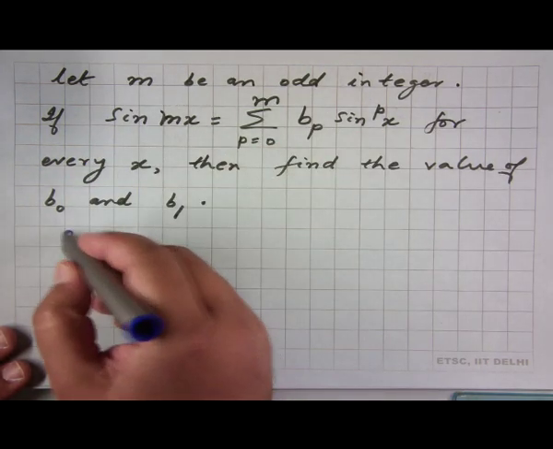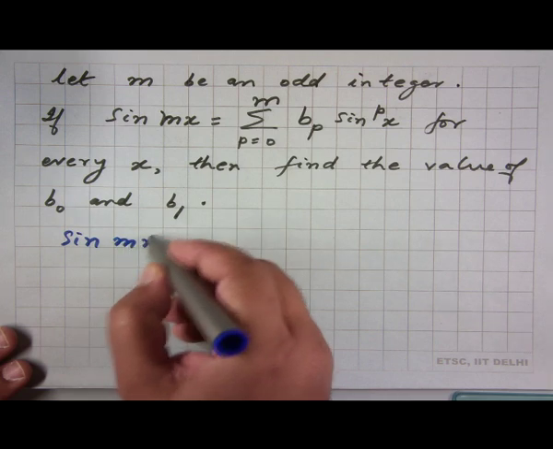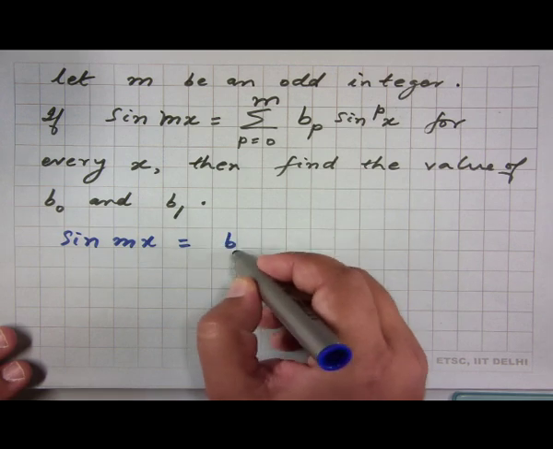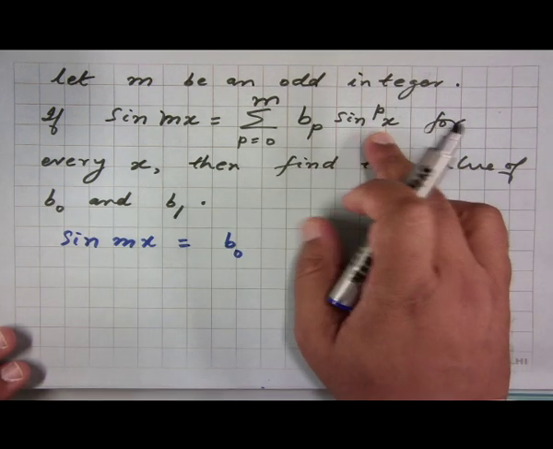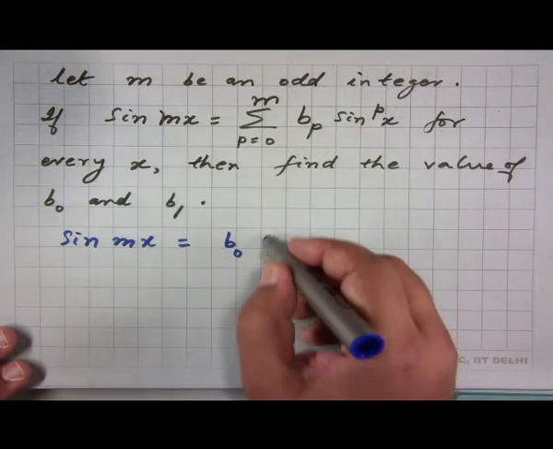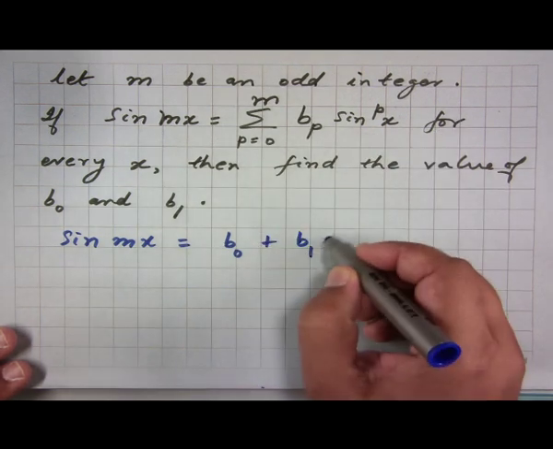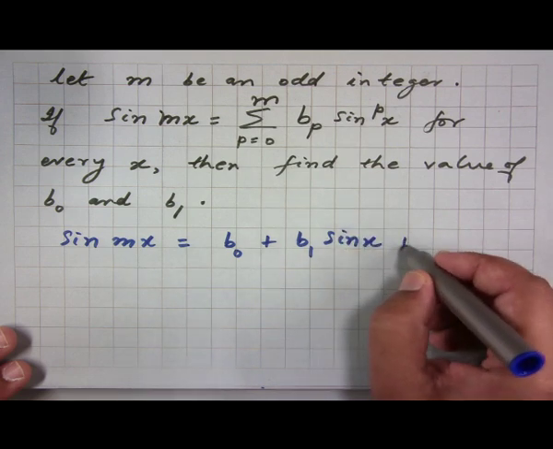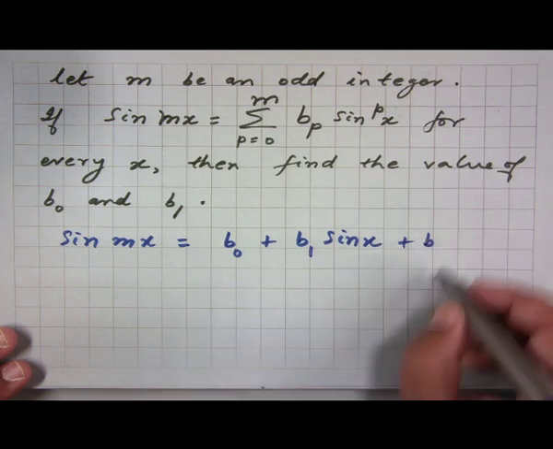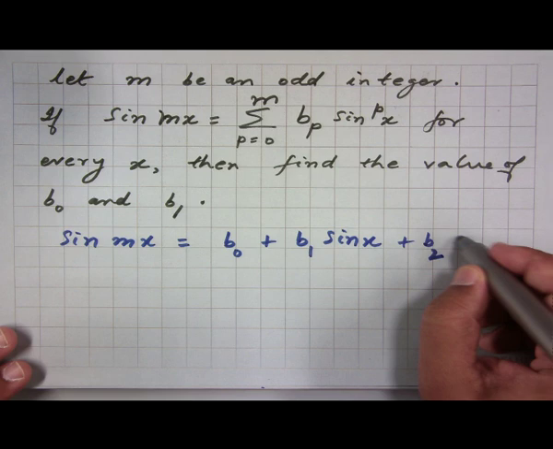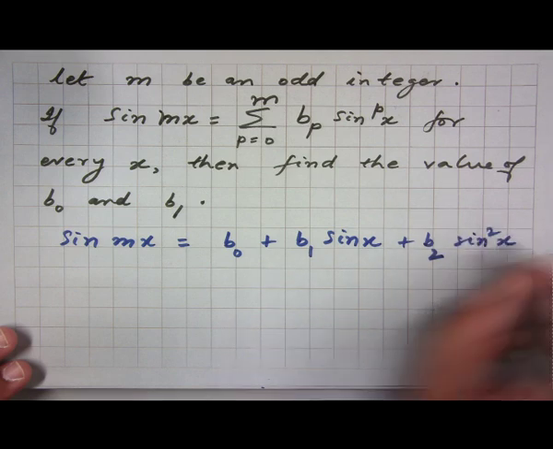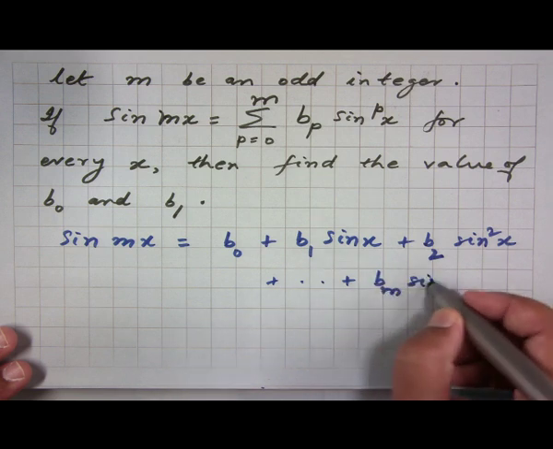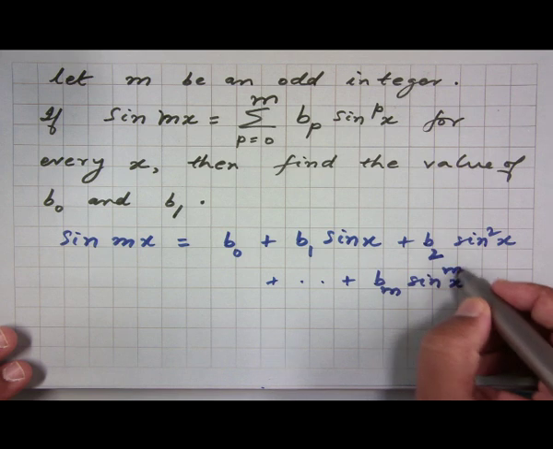So what we get is sine of mx is, the first term in the summation here is b0, sine x to the power of 0 is 1, the next term is b1 sine x, then b2 sine square x, and all the way till bm sine x to the power of m.